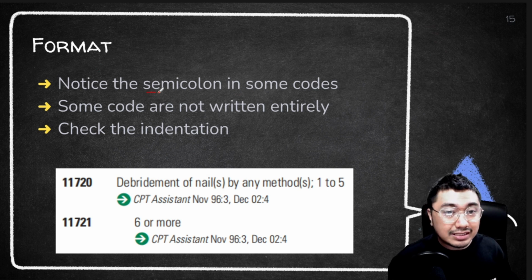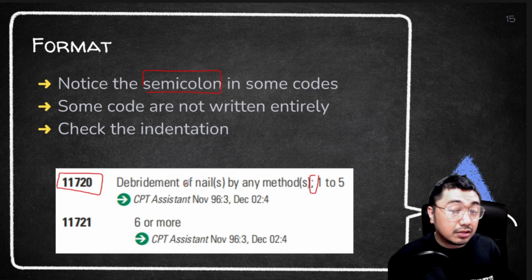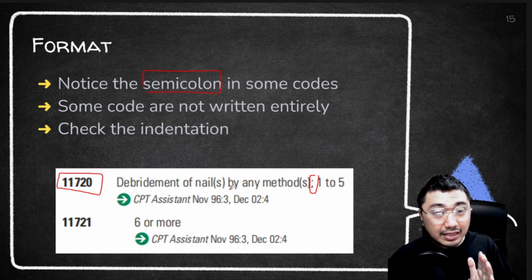So notice the semicolon in some codes. For example, this code 11720, you can go and check this one from your book. If you're there already, locate this semicolon. The description of the 11720 code is debridement of nails by any methods.